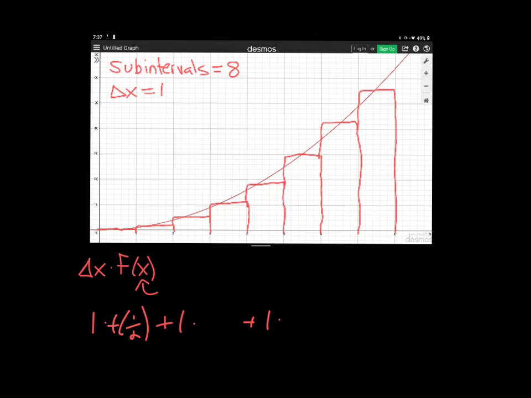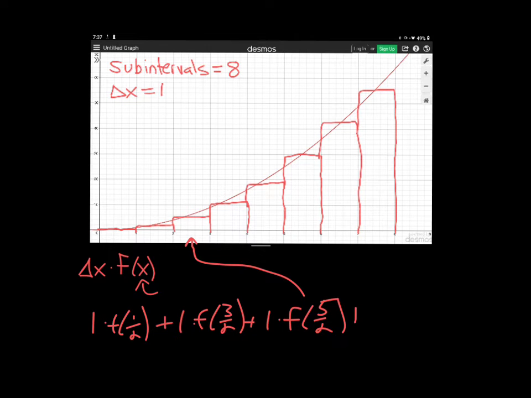And then our height on the next rectangle would be f of 3/2. And then f of 5/2. I'm trying to make this not sloppy, but that was our third rectangle, right? We're right here right now.